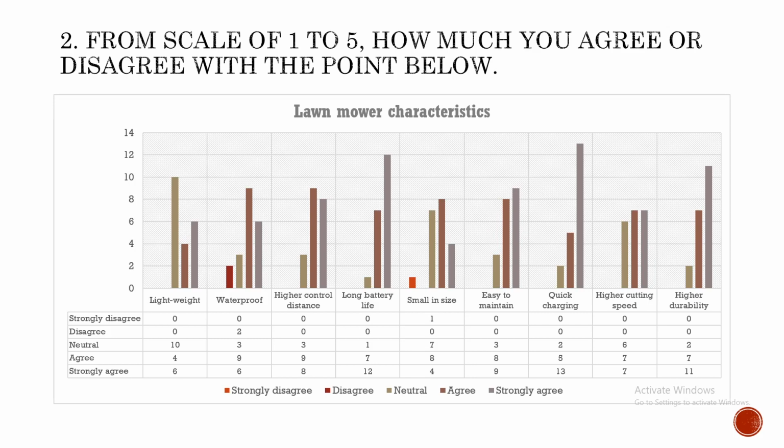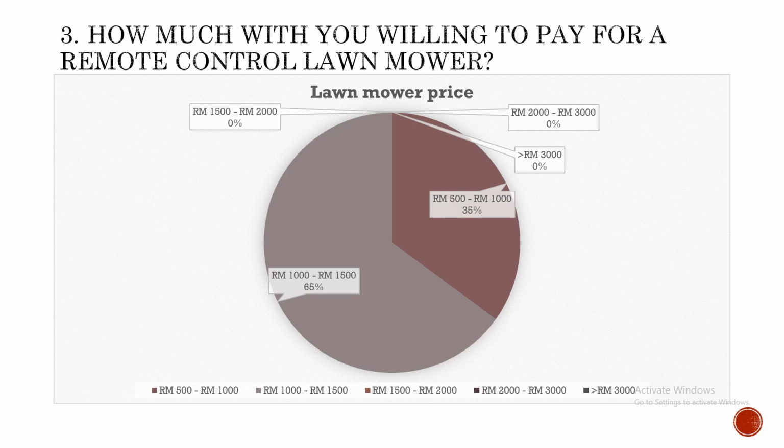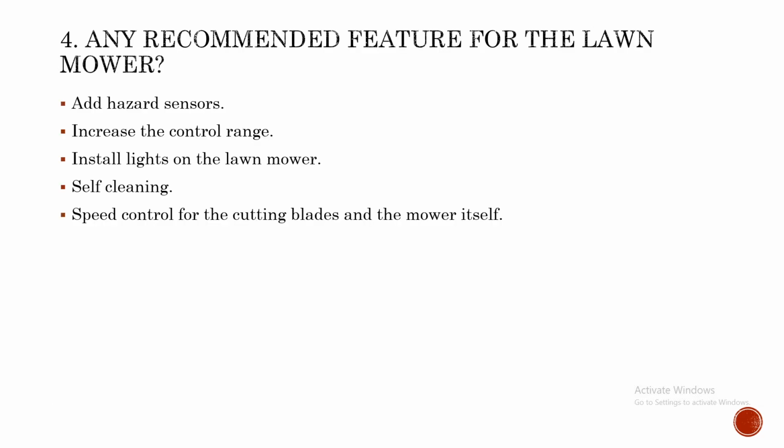The third question is about the price of the mower that the respondents are willing to pay. Out of the 20 respondents, 7 of them are inclined to pay 500 to 1,000 ringgit, while the rest of them are willing to pay 1,000 to 1,500 ringgit.